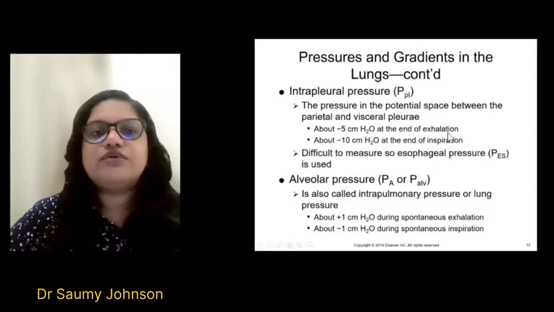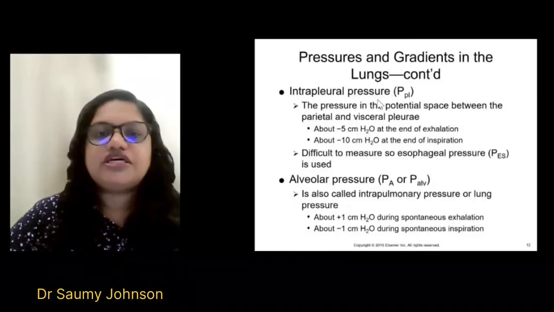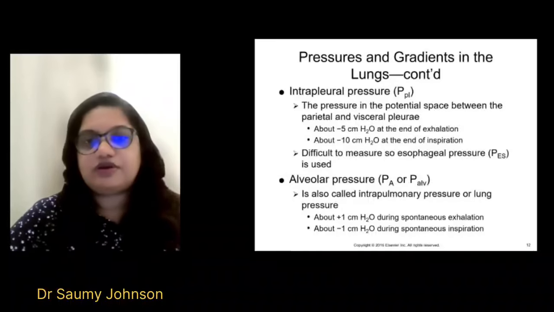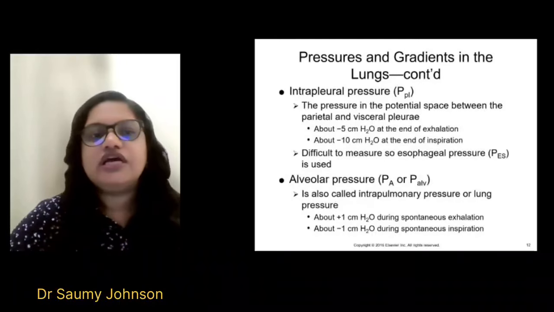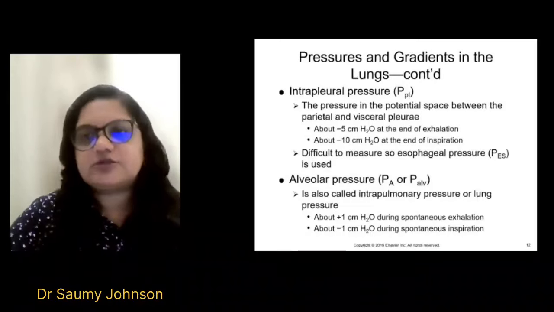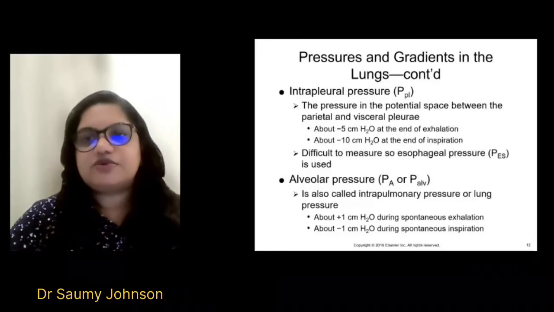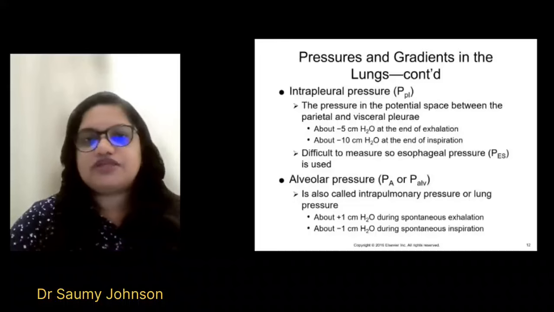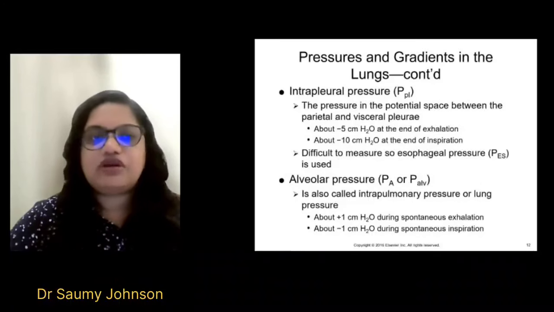The third one is intrapleural pressure. It is the pressure in the potential space between the parietal and visceral pleurae. Between the two layers of the pleurae there is a space, and the pressure in that potential space is called the intrapleural pressure, denoted as PPL, P pleural.